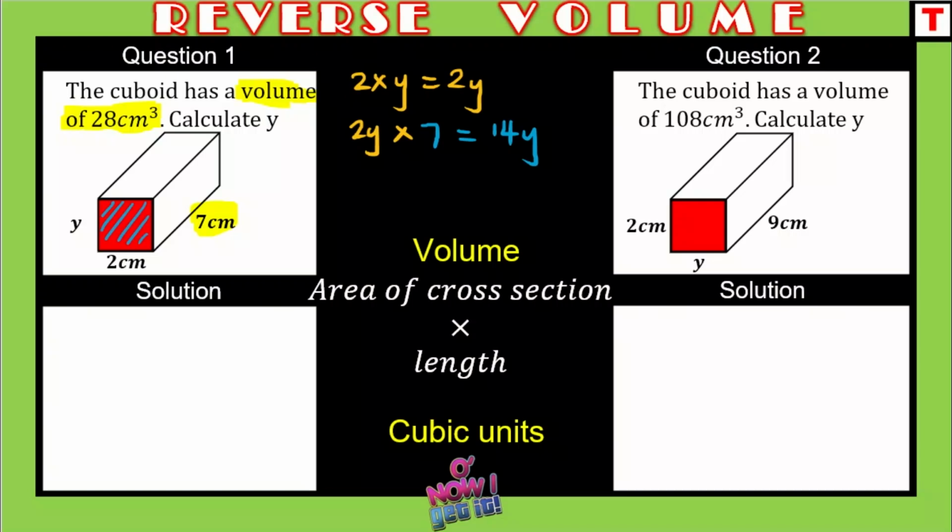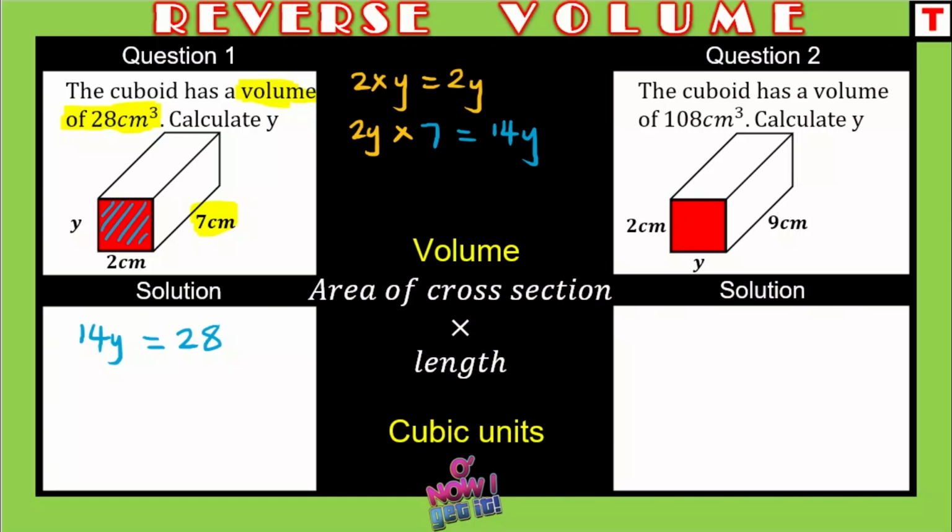So we have 14y is equal to what they said the volume would have been. And we are told that the volume is 28 centimeter cubed. So these two things are equal because both of them are describing the volume.